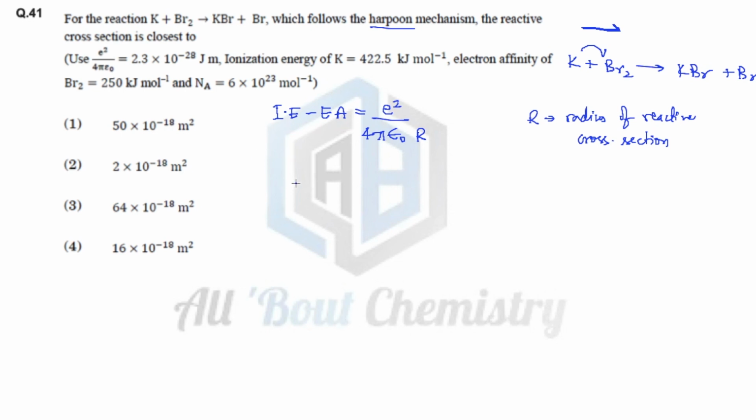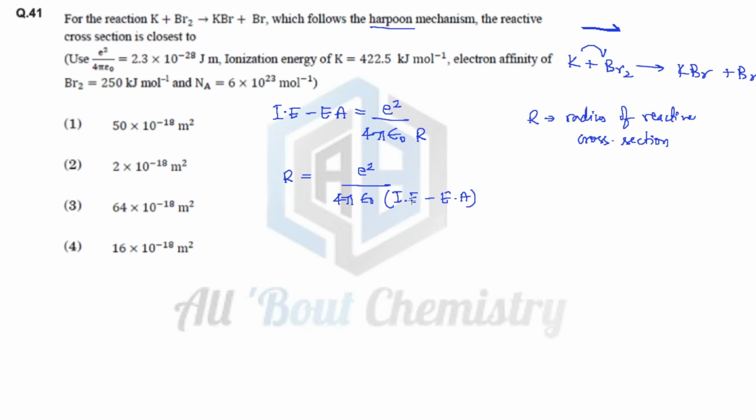So R will be equal to e square upon 4 pi epsilon naught, and we have taken R to that side, and I will have ionization energy minus electron affinity. Now this difference of both of them is actually given to you.